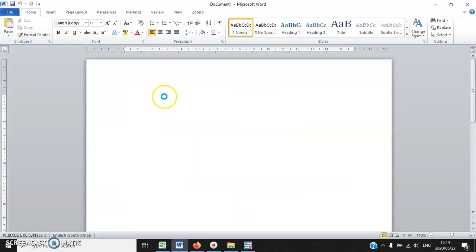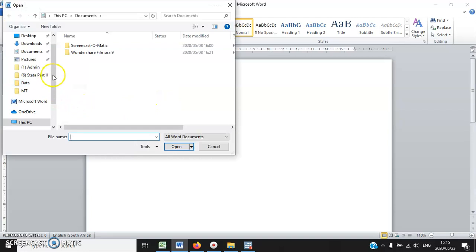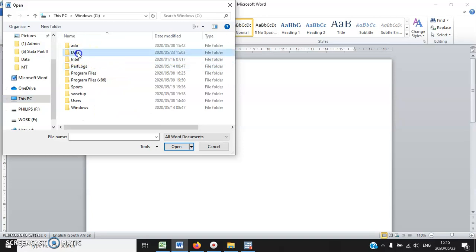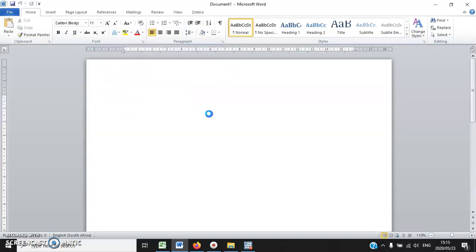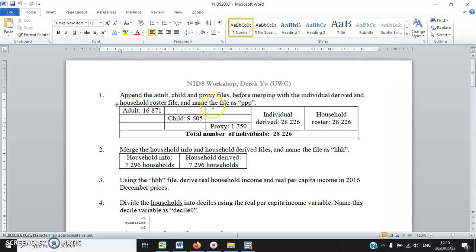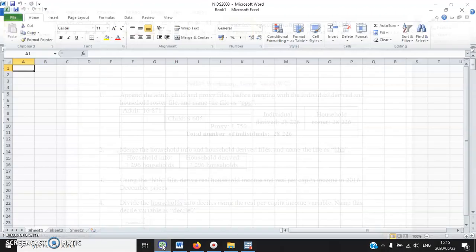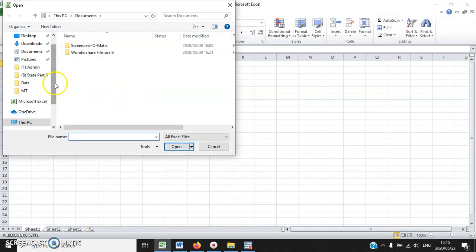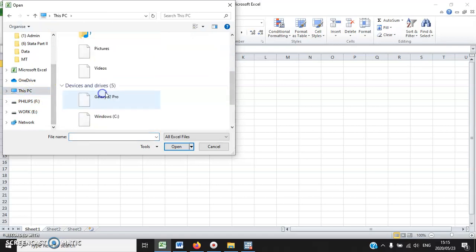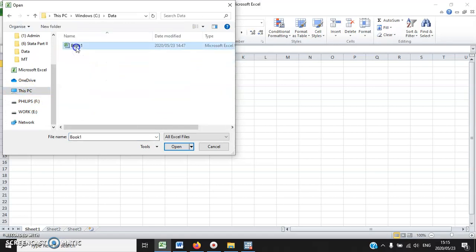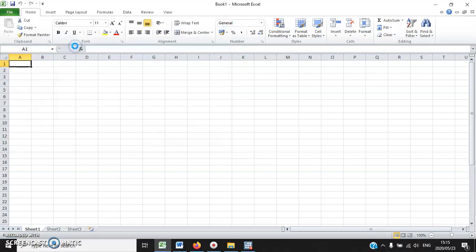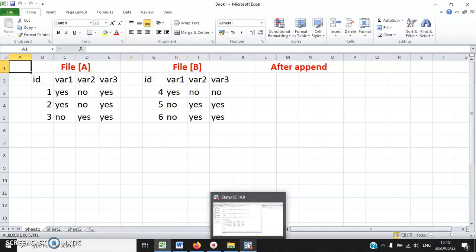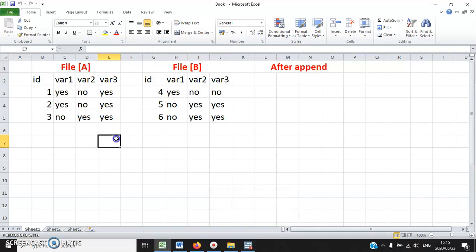Before that, I need to explain the difference between append and merge. Okay, remember we did the merge in the last 2 days, merging 2 different files together.